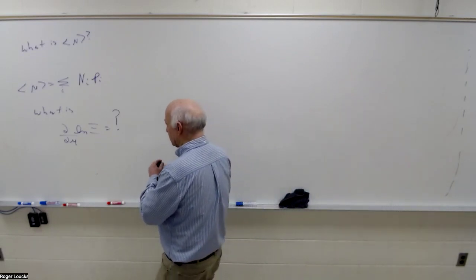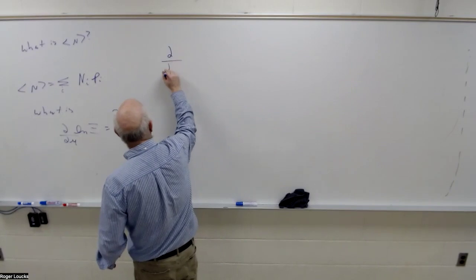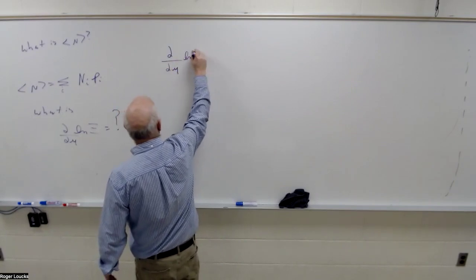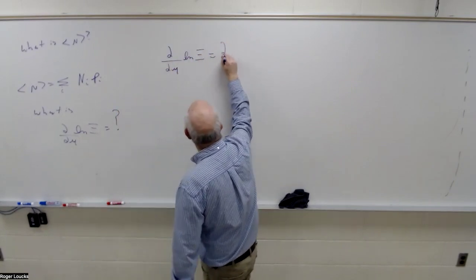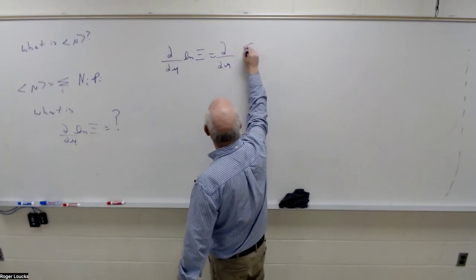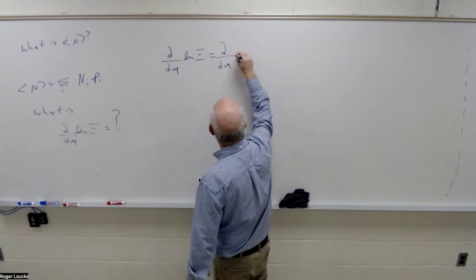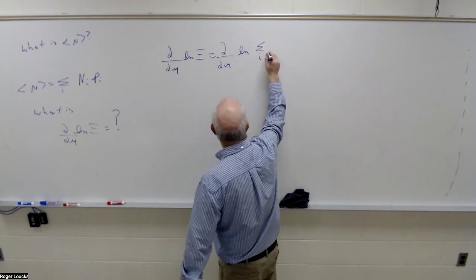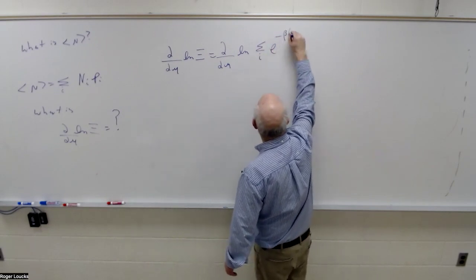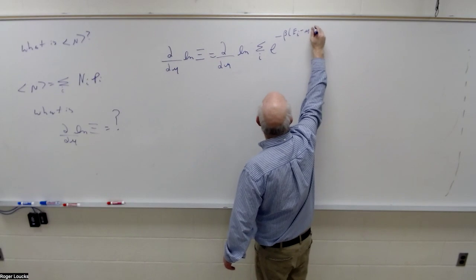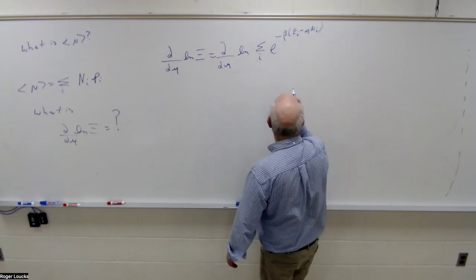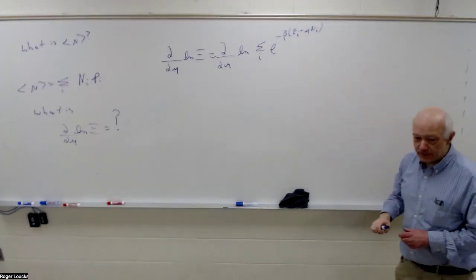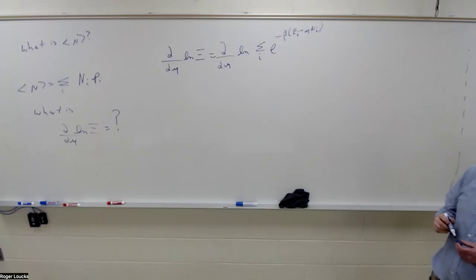Well, okay, so let's do this. This is the partial with respect to mu of the log of the sum on i of e to the minus beta (epsilon_i minus mu) n_i. Okay. You tell me how to take the derivative of that.